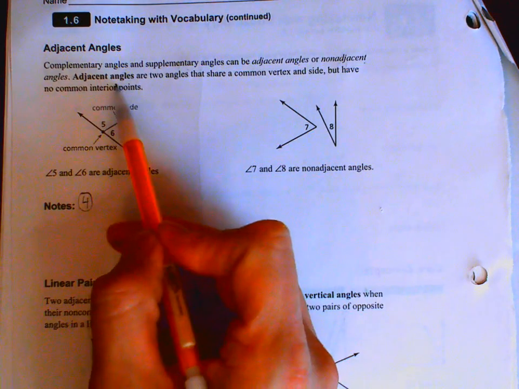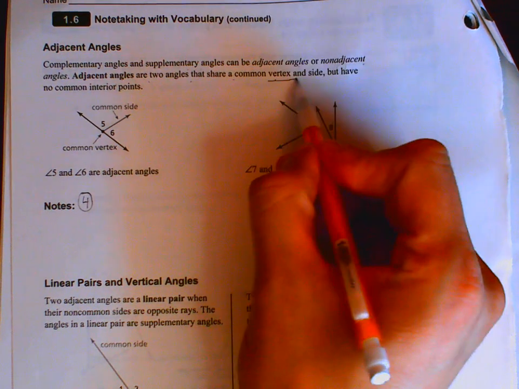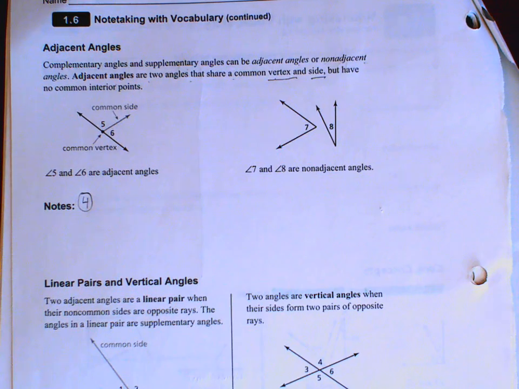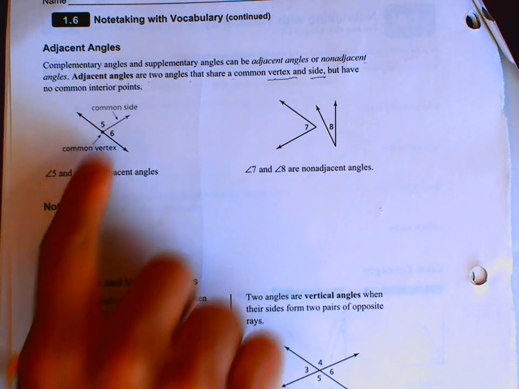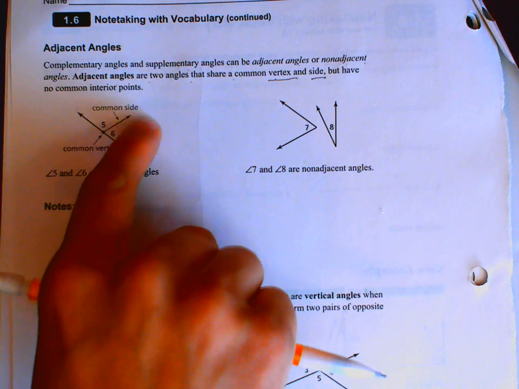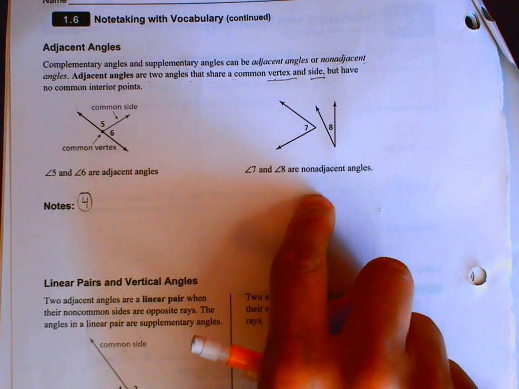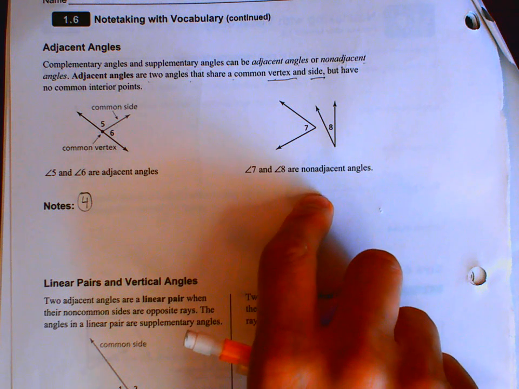Adjacent just means that there are two angles that share a common vertex and a common side, but have no common interior points. For example, here 5 and 6 happen to be adjacent because they share the same common side. Here, they're not adjacent. They do not have any common vertex or common side.